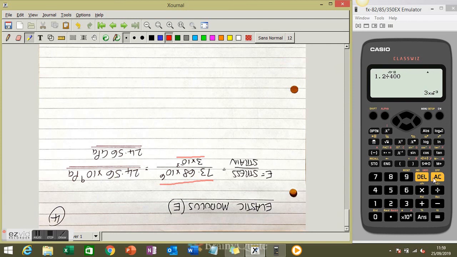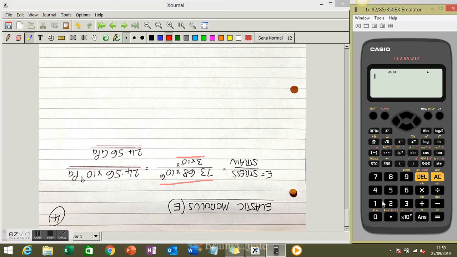So I'll read upside down: 73.68 times 10 to the 6 divided by the strain, which was small, 3 times 10 to the minus 3, gives us 2. There we are. Don't like the 10, press engineering. 4.56 times 10 to the 9, or gigapascal. Nothing wrong with that answer. So that's the Young's modulus.